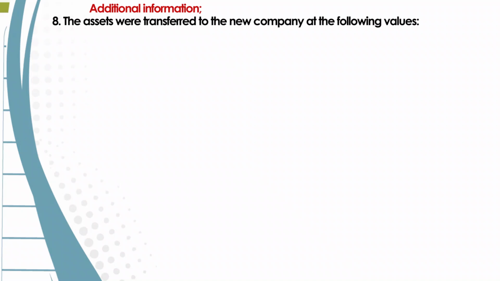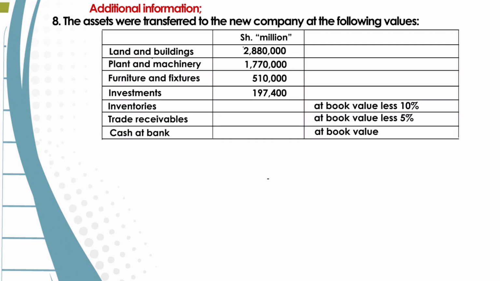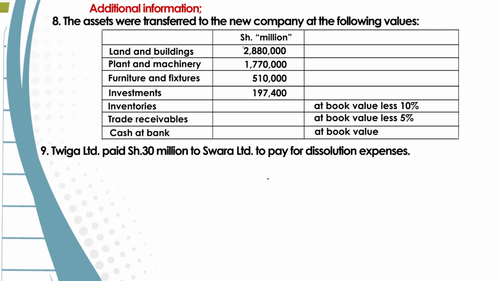Number 8, we are told the assets were transferred to the new company at the following values. So we are given the values at which the assets were transferred to the new company. The assets which were transferred include landed buildings, plant and machinery, furniture and fixtures, investment, inventories, trade receivables, and cash at bank. And then number 9, we are told Twiga Limited paid shillings 30 million to Swara Limited to pay for dissolution expenses.